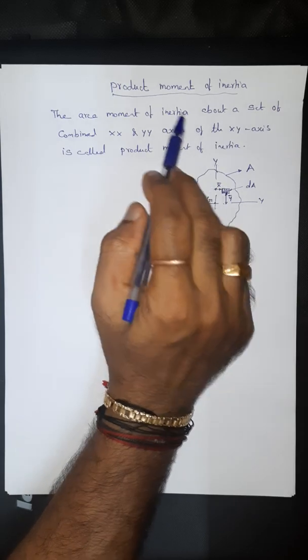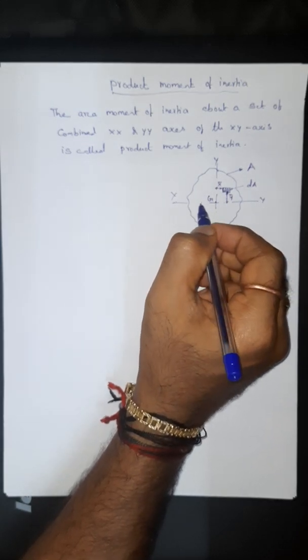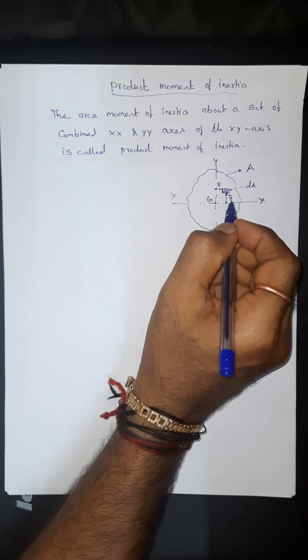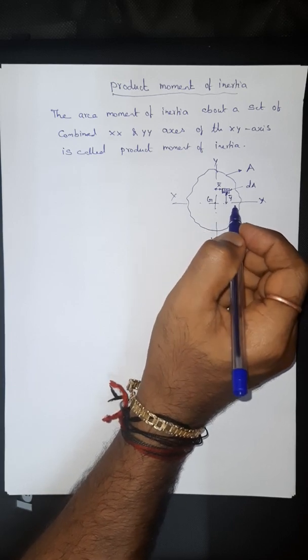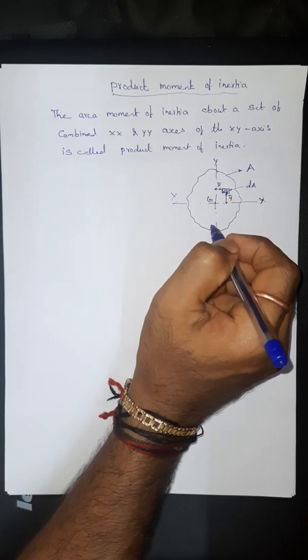As far as the product moment of inertia is concerned, first, if you consider the x-x axis, that would be y into dA. Then the second moment would be taken along the y axis.